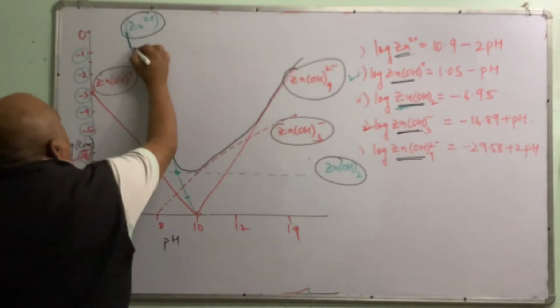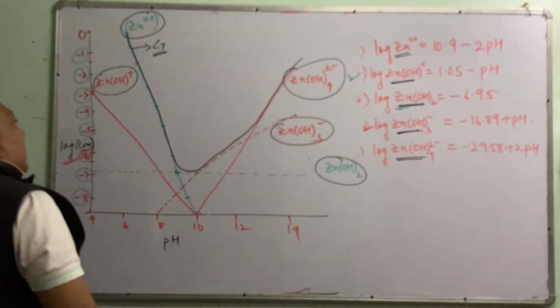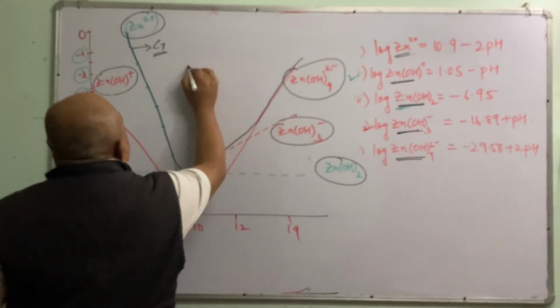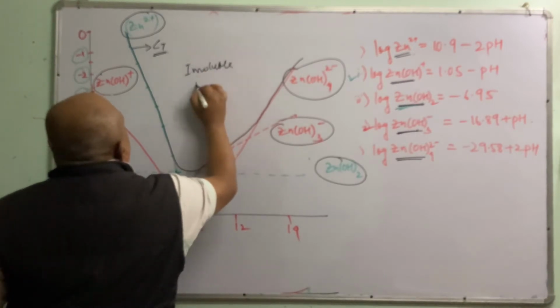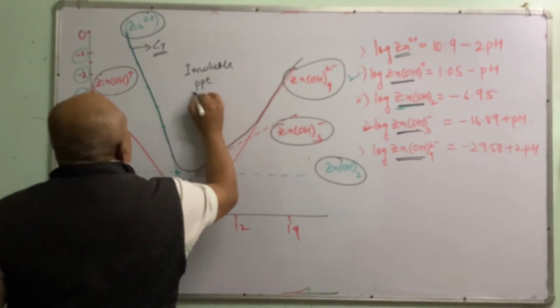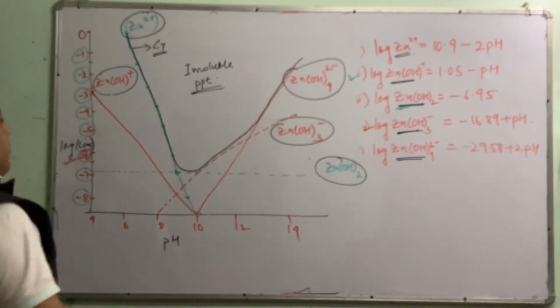This black line is the CT. Here this is the insoluble, this is the precipitation. All the remaining are soluble forms.